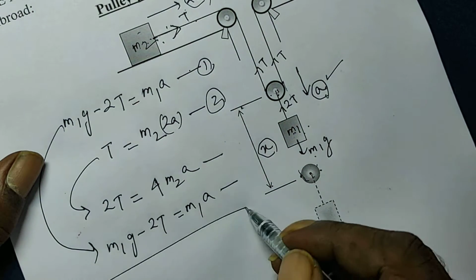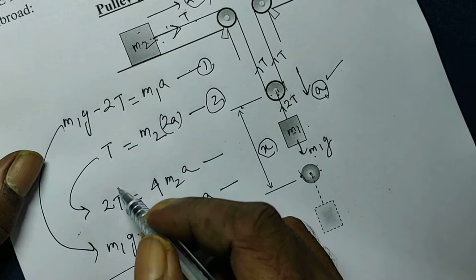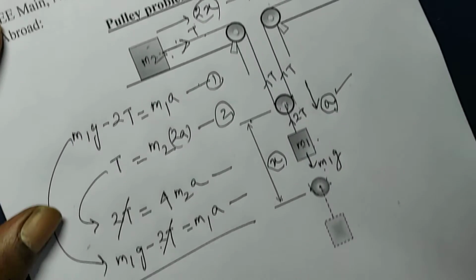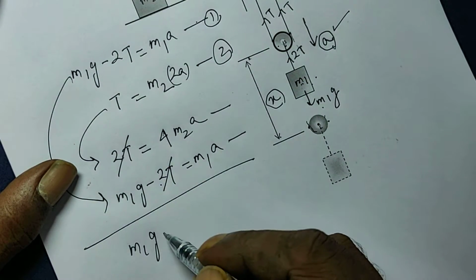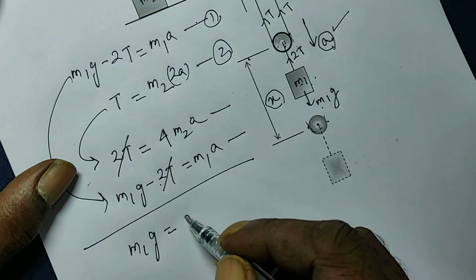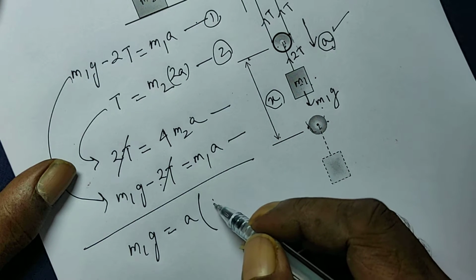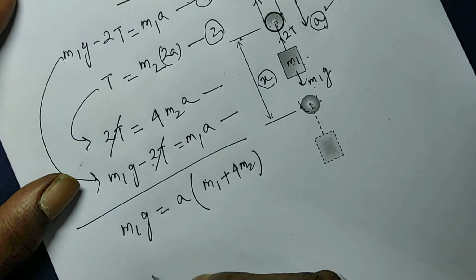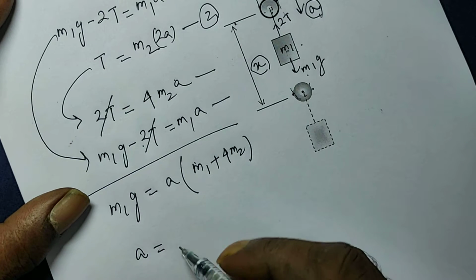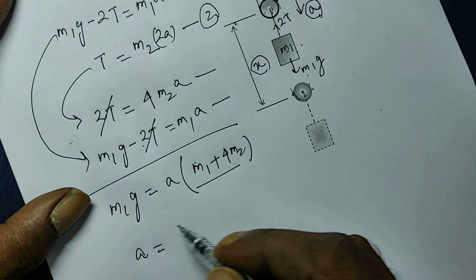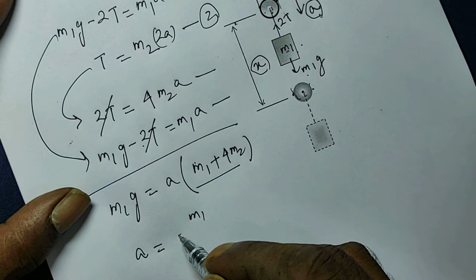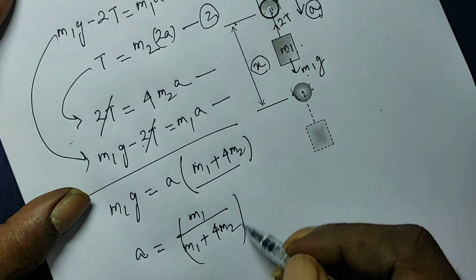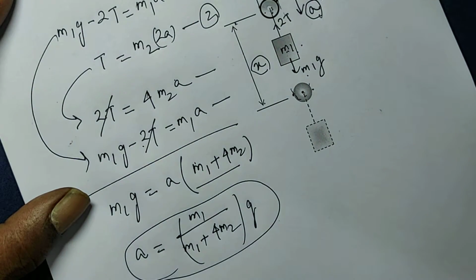Now if you add the left hand side with the left hand side, 2T and minus 2T cancel. So I am left with M1g equals, on the right hand side taking a common, M1 plus 4 M2 times a. So your acceleration comes out to be M1 over M1 plus 4 M2 times g. So this is your acceleration.